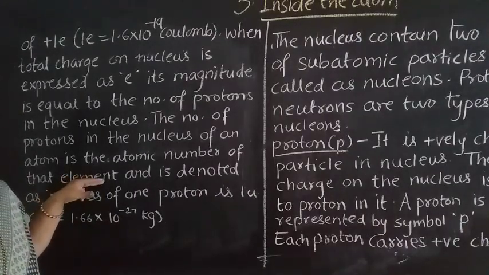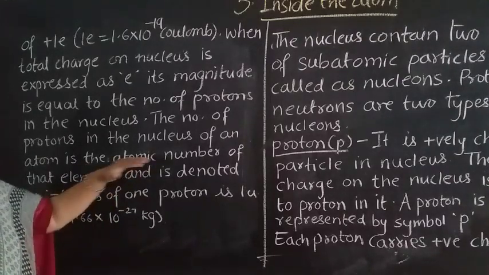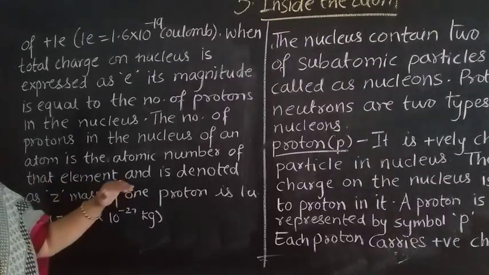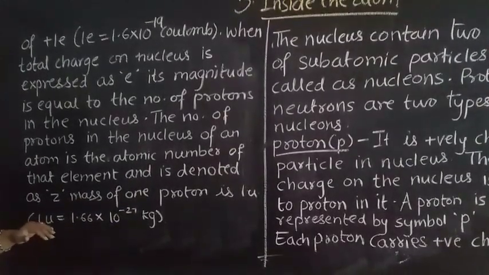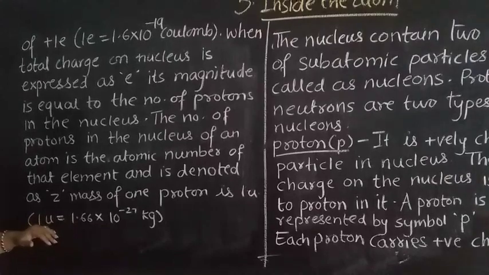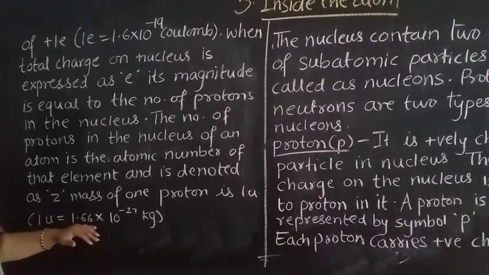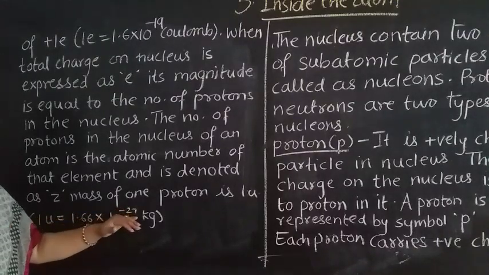It tells us that the number of protons present in that atom is the atomic number of that element, and it is denoted by Z. The mass of the proton is 1 U, that is 1 Dalton. Now 1 Dalton is equal to 1.66 into 10 raised to minus 27 kg.